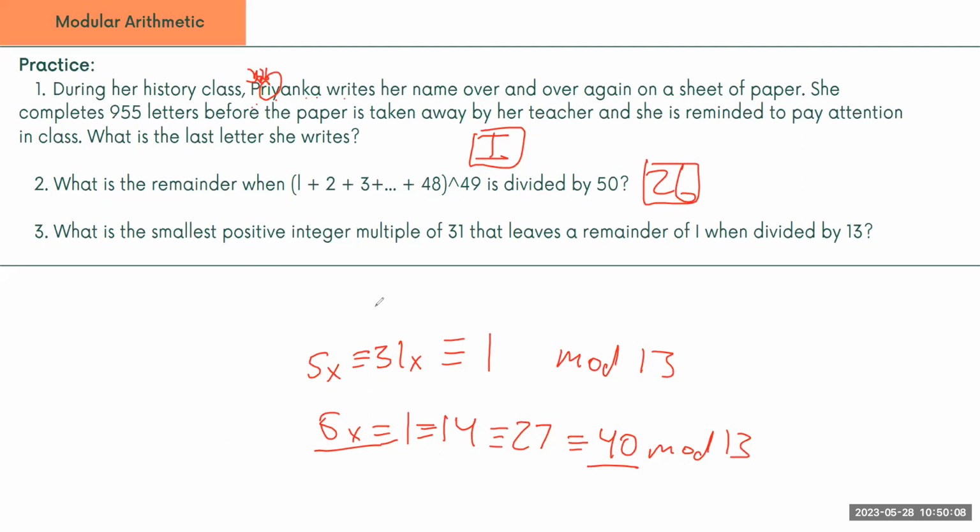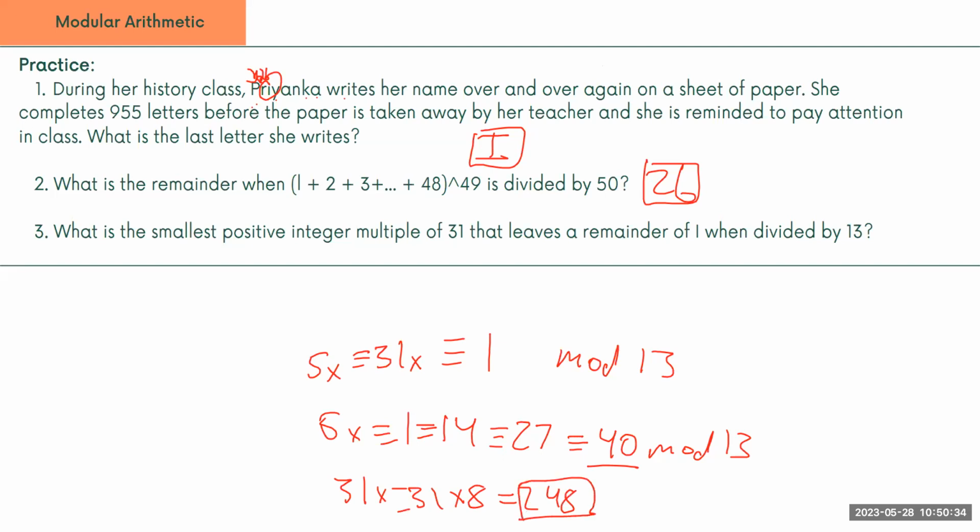So x equals 8. So we have 31x, x equals 8, which equals 31 times 8, which equals 248. So this is 248.